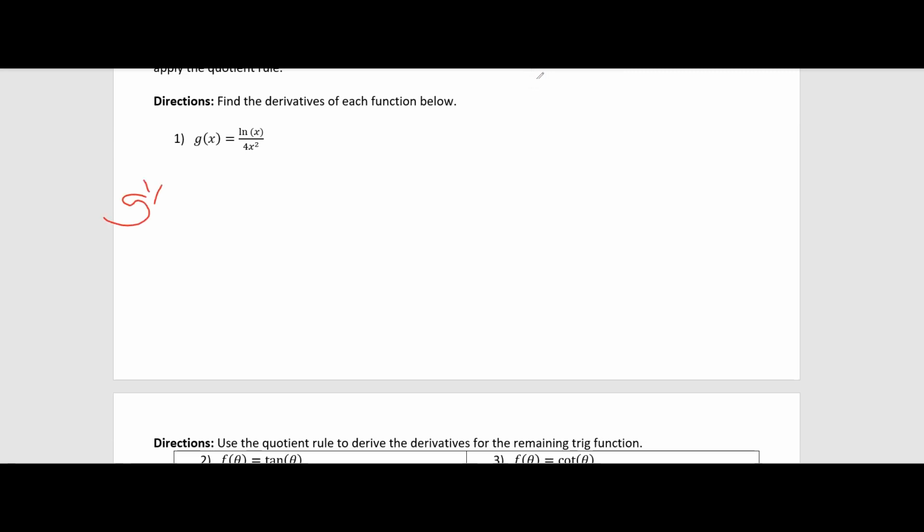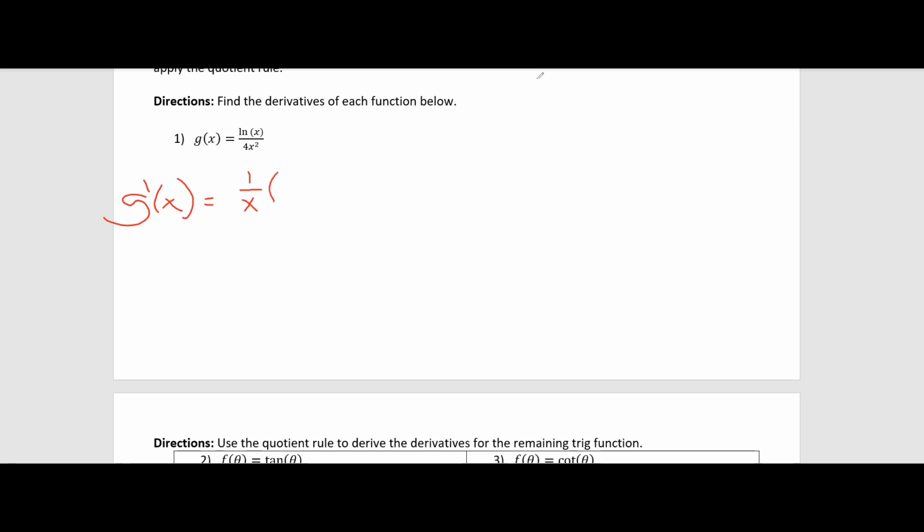Okay, so g prime of x is equal to the derivative of the top, which is 1 over x, or derivative of the numerator. I just say top and bottom because when we're going quick, it's easier than saying numerator and denominator. But of course, if you want to be formal, you would want to say numerator and denominator.